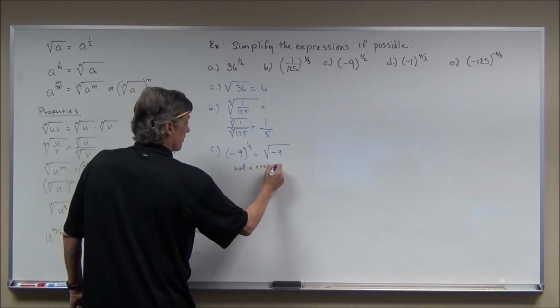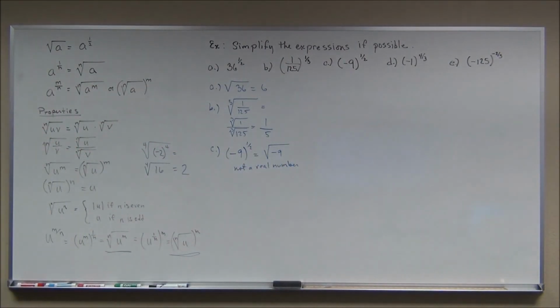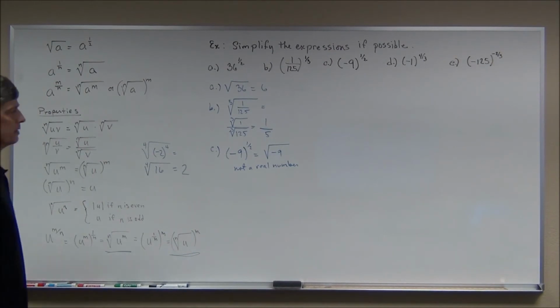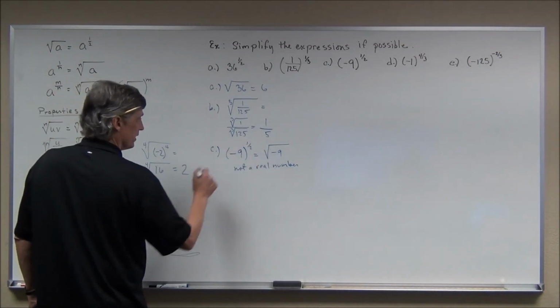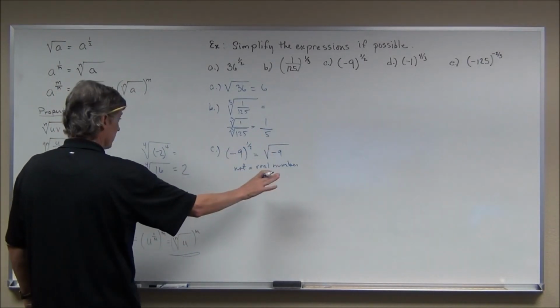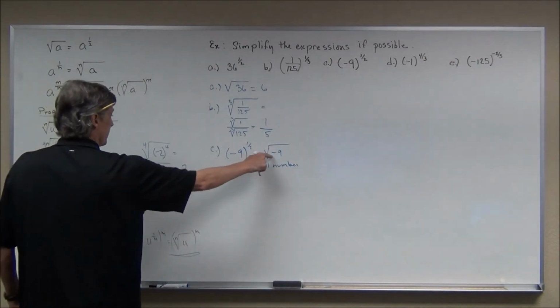Remember, if you have an even index, and the index is 2 there, we don't put the 2 down because square roots are the most common type of root, but it's understood that it's a 2 there. If you have an even index, for the real numbers anyway, you're not taking an even index root of a negative number.